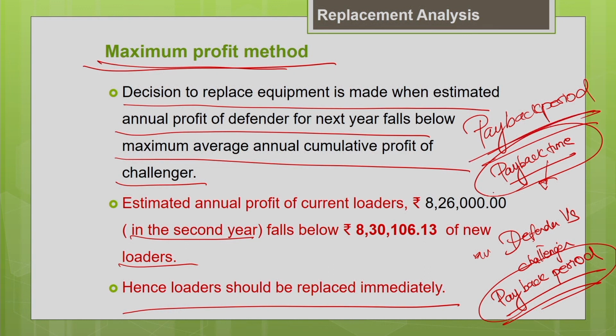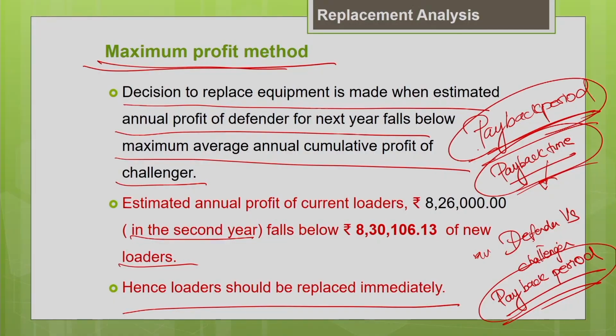This is also not very rational when compared to the minimum cost method or maximum profit method, because in this method we are not looking into what is happening beyond the payback period. We are not analyzing that in detail. That is why we cannot solely depend upon the payback period method. We have to compare the conclusion achieved by this method along with other methods like the maximum profit method or minimum cost method.